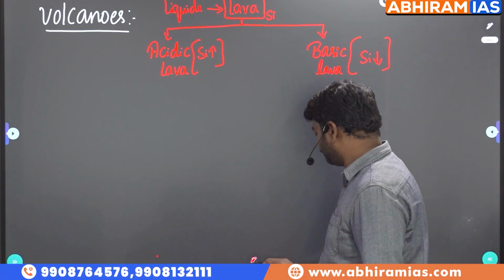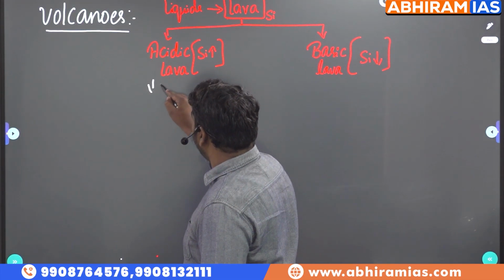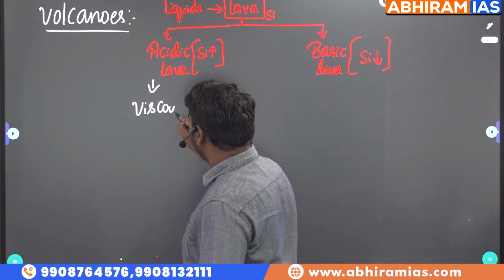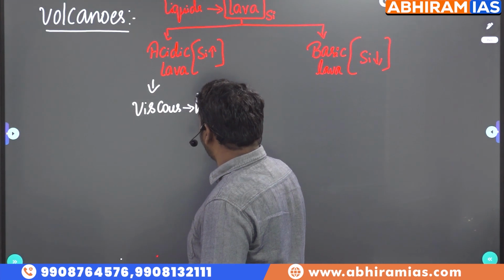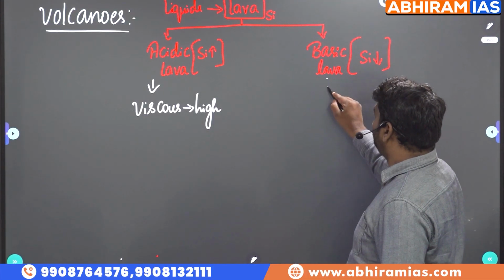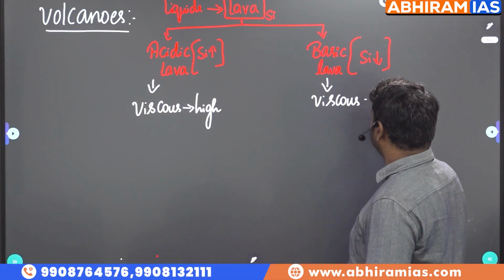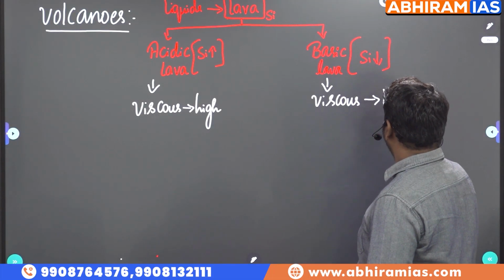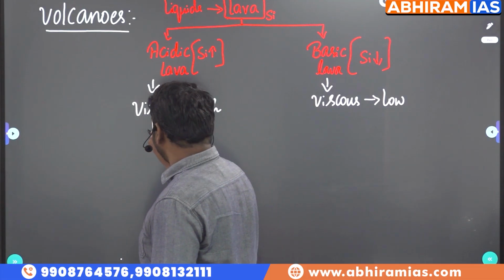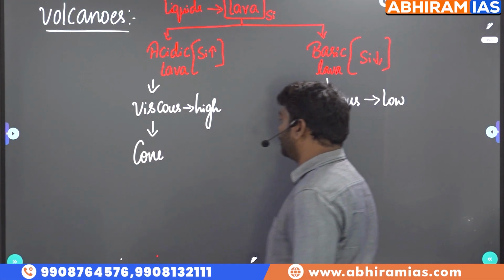Now, if silica is more, viscosity is high. If silica is less, viscosity is low. If viscosity is high, you normally form a cone shape.